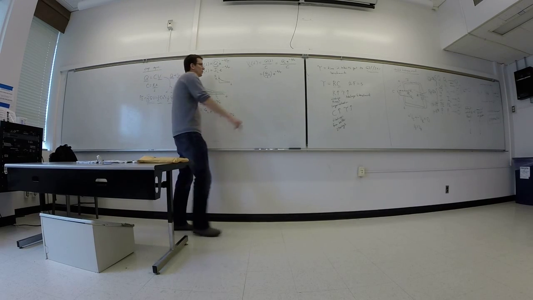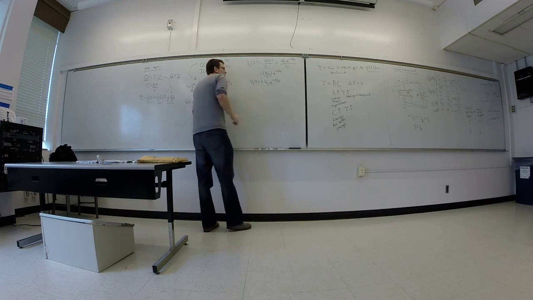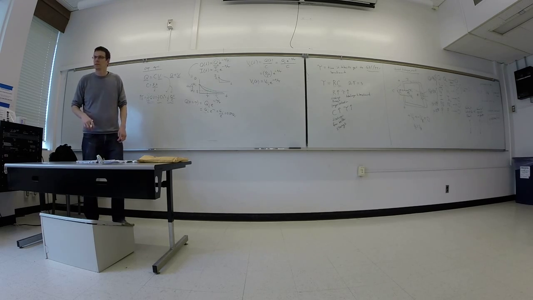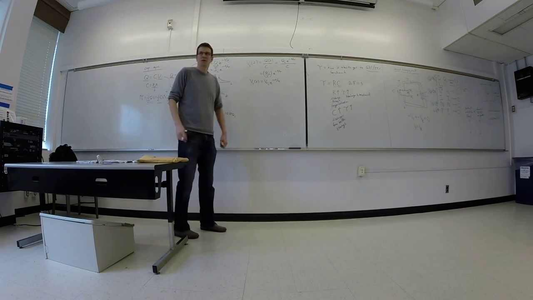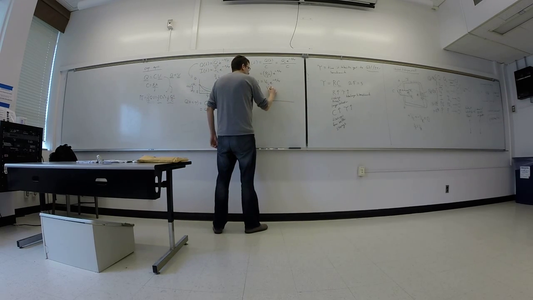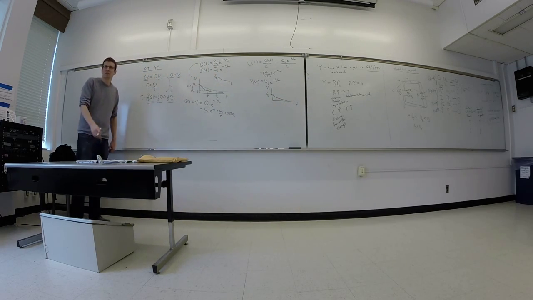The initial voltage, because I used the initial charge, right? So this is VC initial. So that's my voltage across the capacitor. We said that should go to 0. Now we know the function. The voltage across the capacitor as a function of time starts off at some initial value and then dies like an exponential like all the rest of them.